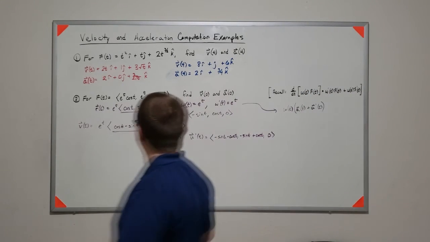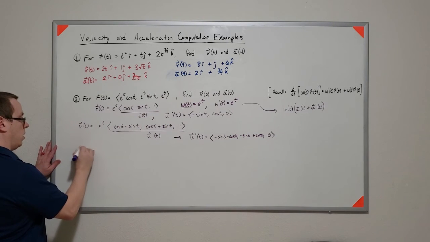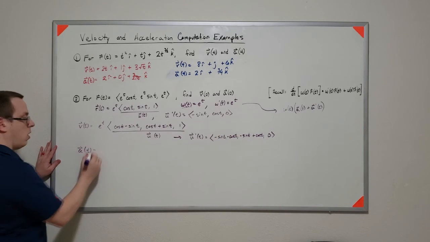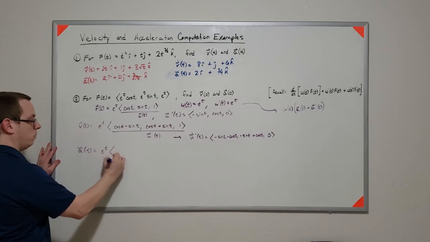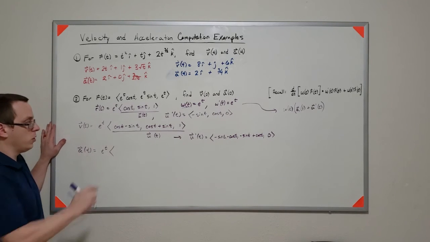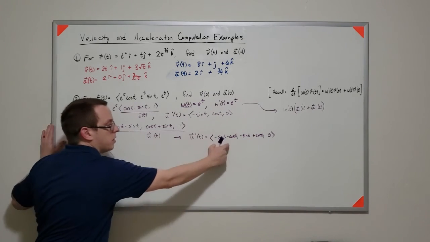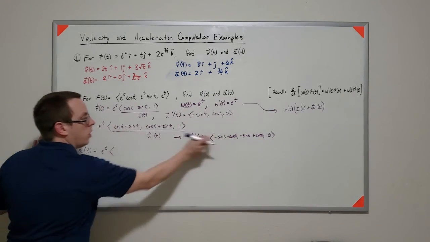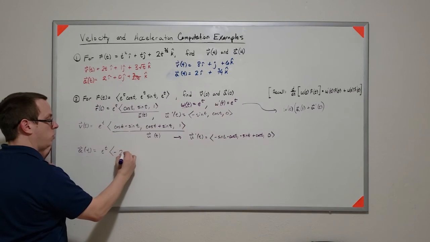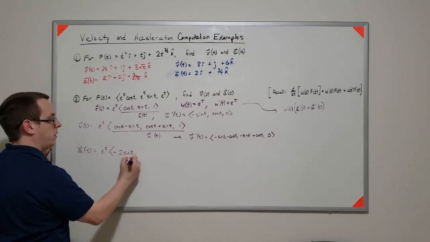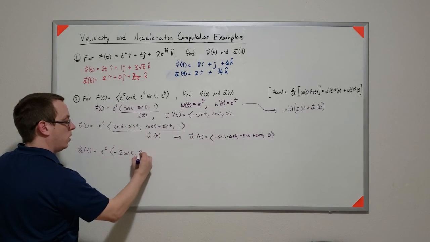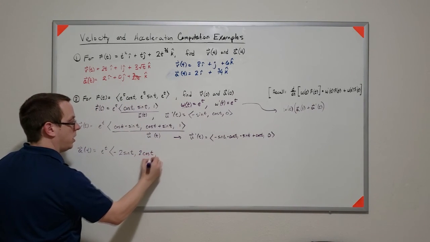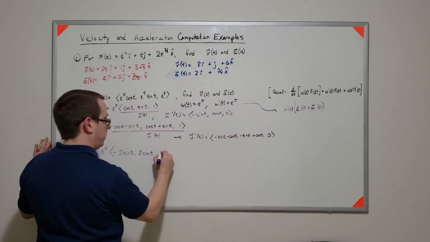So then our acceleration vector valued function is e to the t, this plus that. So those cosines cancel, so you have negative 2 sine of t, this plus that, the sines cancel to cosine of t, and 1.